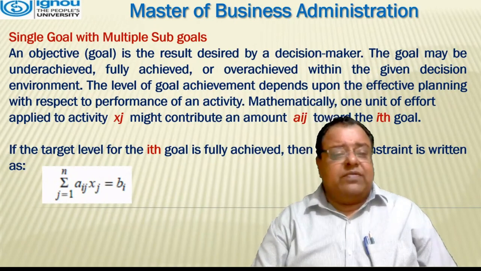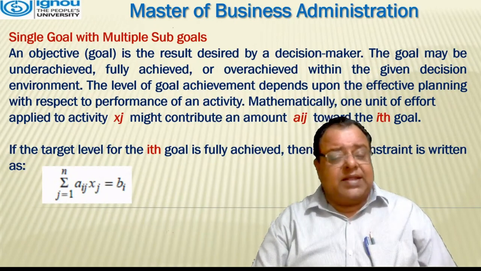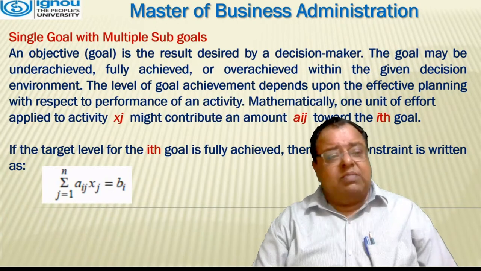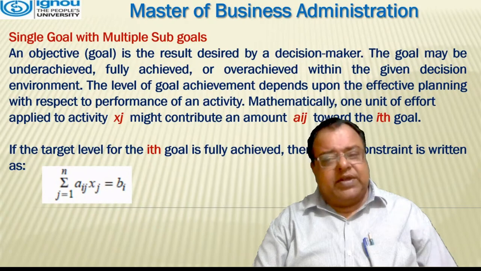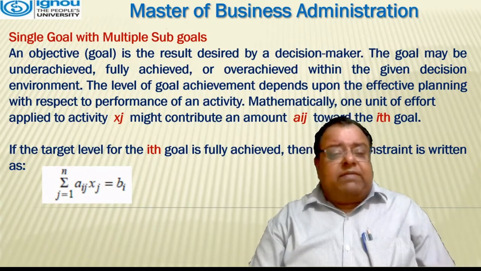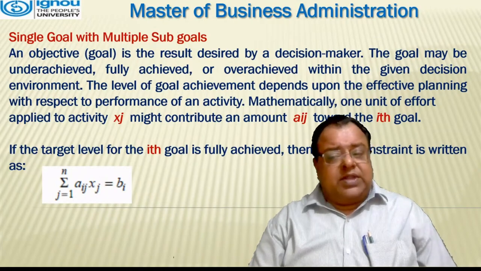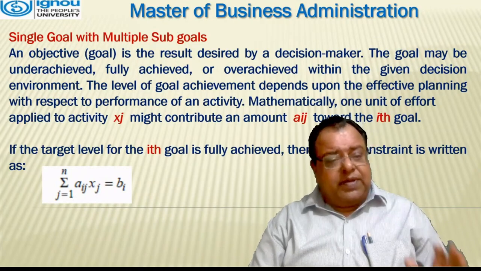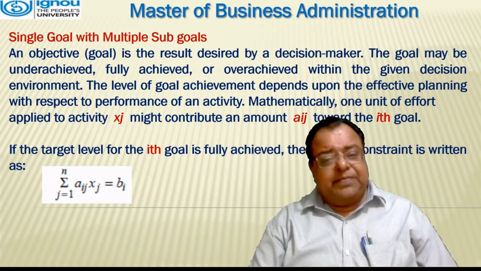An objective goal is the result desired by the decision maker. The goal may be underachieved, fully achieved, or overachieved within the given decision environment. The level of goal achievement depends upon the effective planning with respect to the performance of any activity.